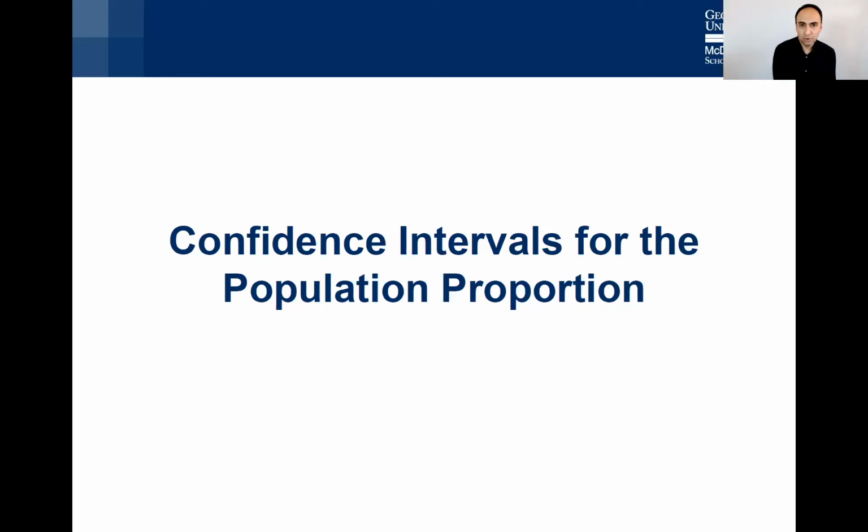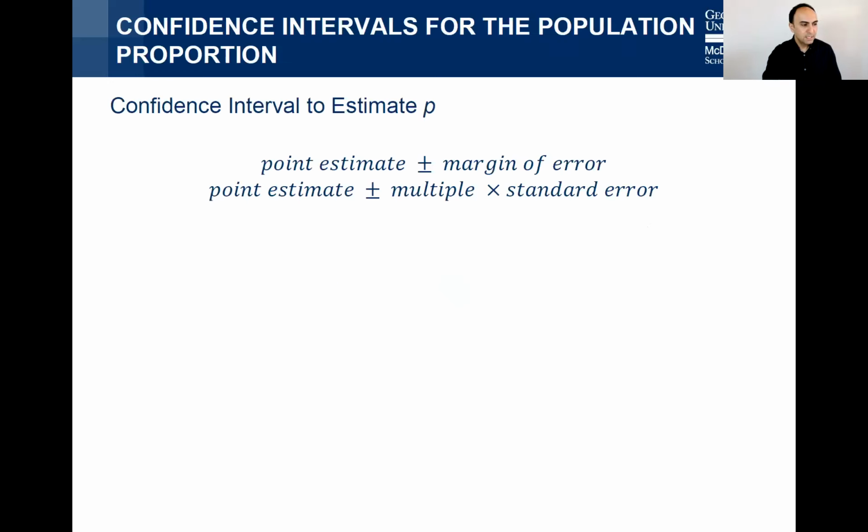So what we did in the previous part was creating a confidence interval for population mean: average salary, average working time, average height, many more things that are numerical variables. Here, we want to look at proportions or categorical data. The good news is the confidence interval to estimate proportion has a very similar format.